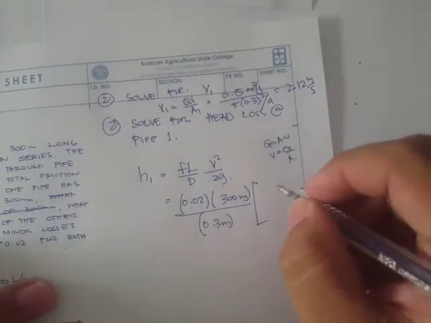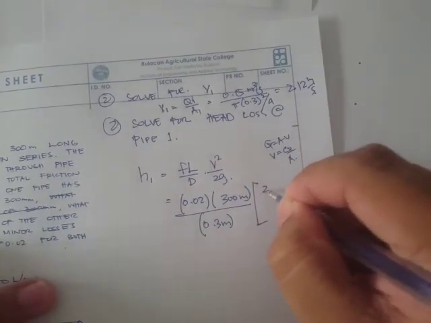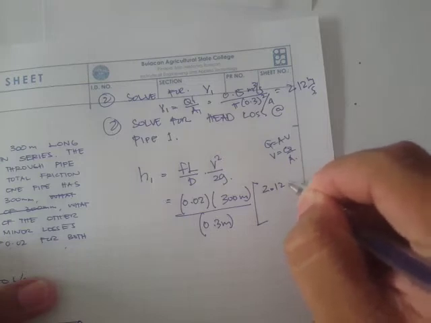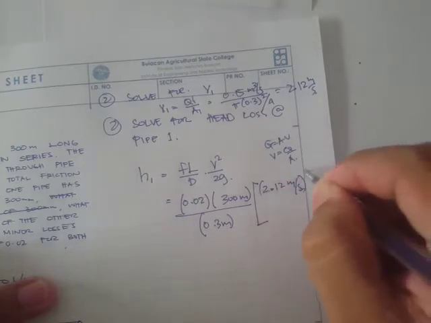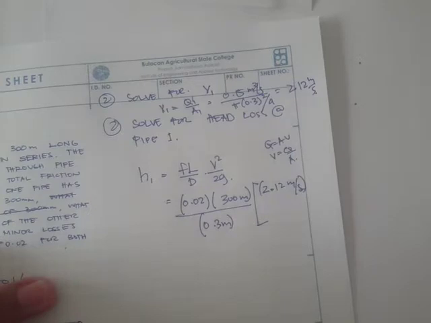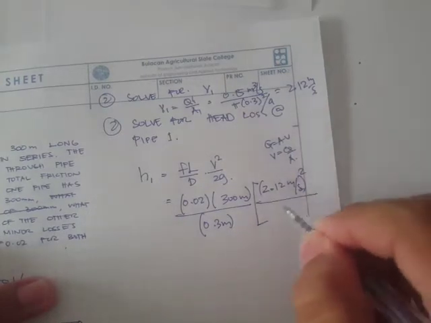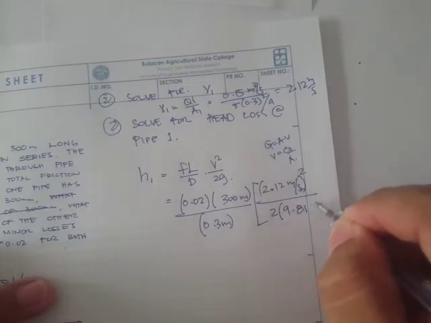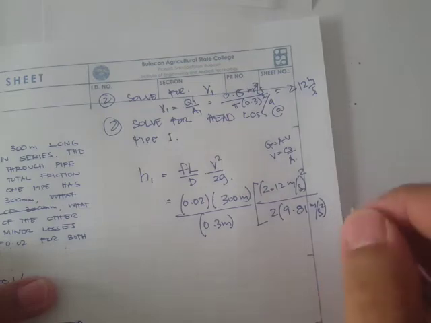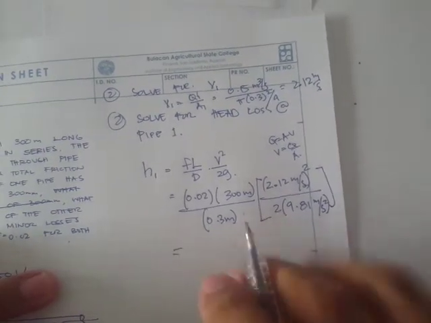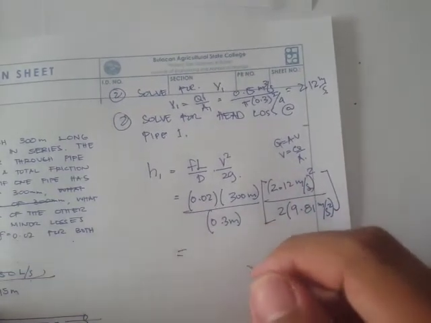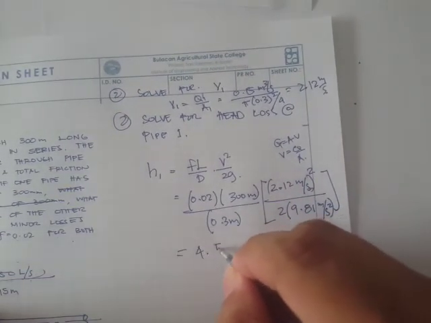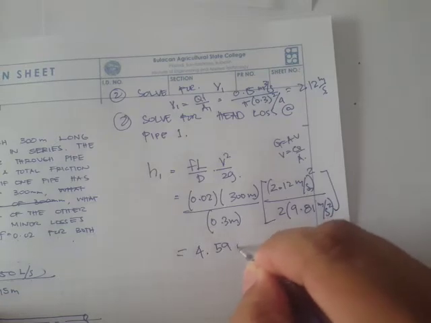Okay, so here we can substitute 2.12 meters per second, squared, divided by 2 times 9.81 meters per second squared. If we do the computation, we get a value of 4.59 meters.